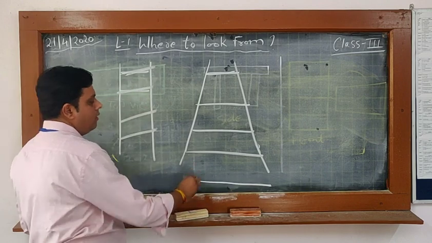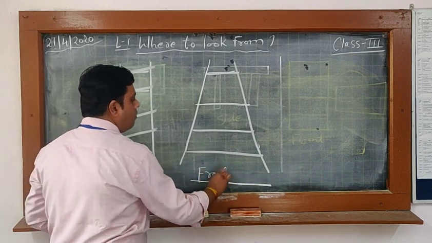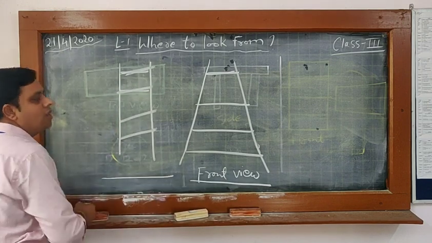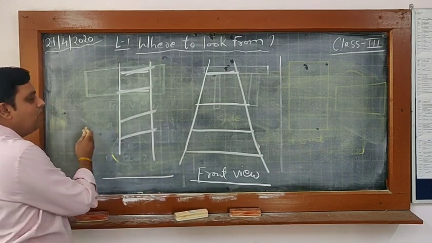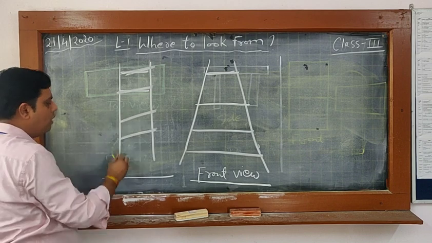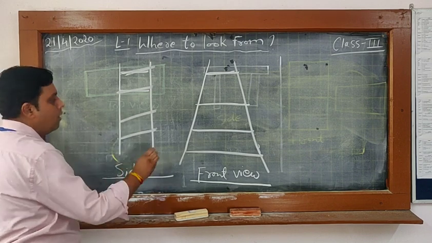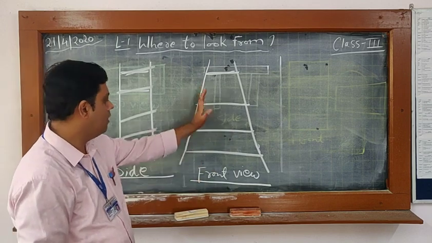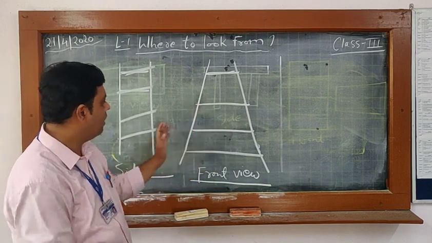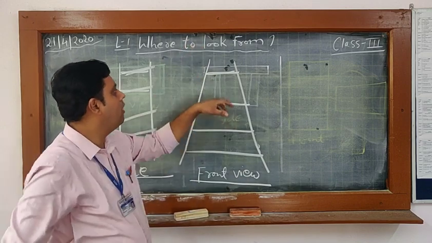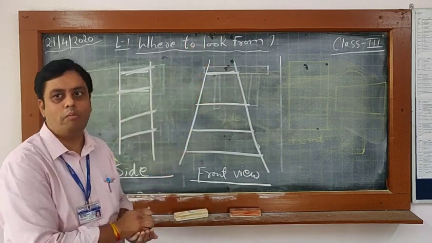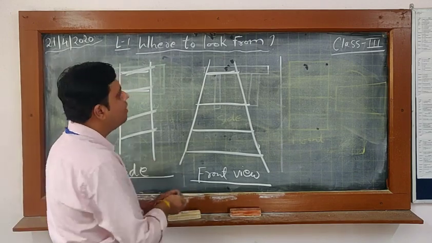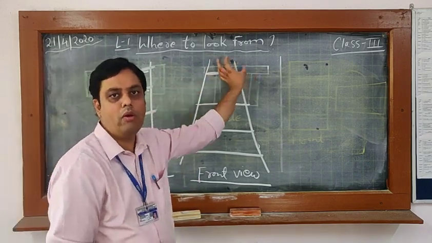It is the front view of the railway track. If we stand on the side of the railway track, it will look like this, and if we stand in front of the railway track, it will look like this. In the beginning it will be wide, and at the last end it will look narrow, but it is the same. Because of the distance it will look narrow here.